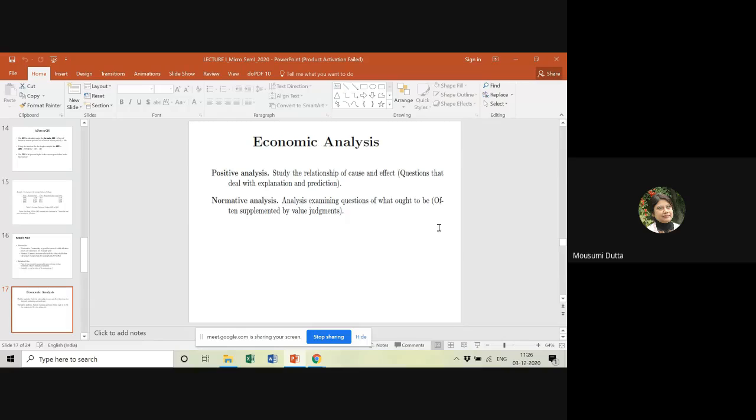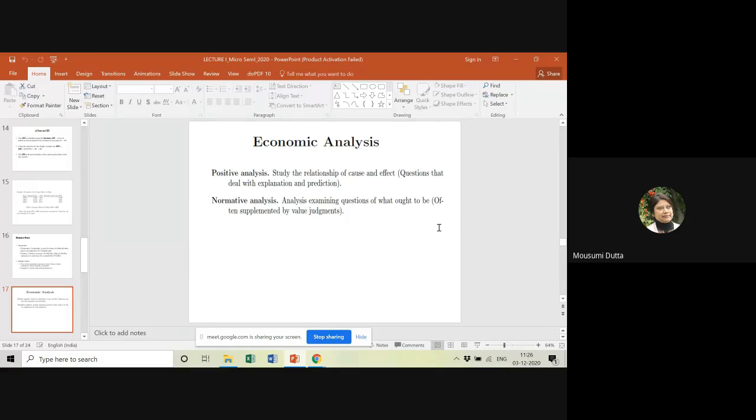Finally, we have reached the fourth section, economic analysis. We understood we have to consider optimization. This will help us to allocate scarce resources or scarce commodities, number 1. Number 2, we have understood there will be different types of markets, both for commodities or finished things and for raw materials or factors.